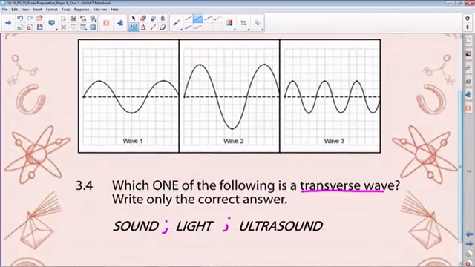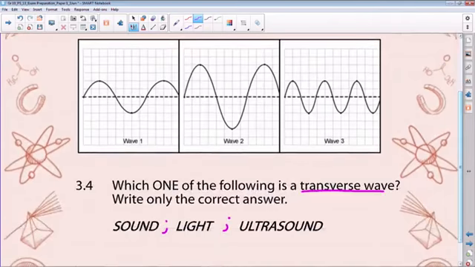Remember, a transverse wave is that wave whereby the pulses, the disturbance, is perpendicular, meaning at an angle of 90 degrees to the direction of movement.